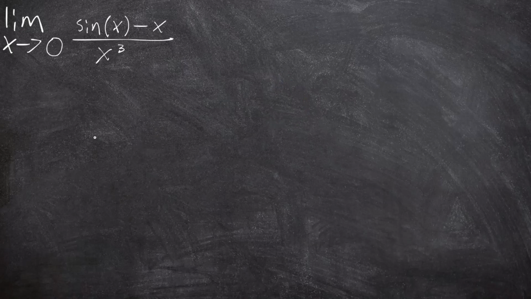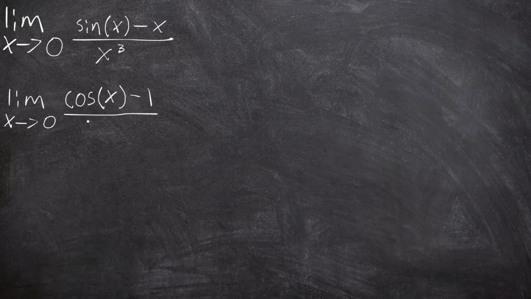Let's top it off with yet another simple L'Hopital's rule problem that you can attempt yourself before you hit resume on the video. So starting with the numerator, taking the derivative, we would simply get cosine x minus 1 over 3x squared, the derivative of the denominator. Okay, can we plug in 0 here?